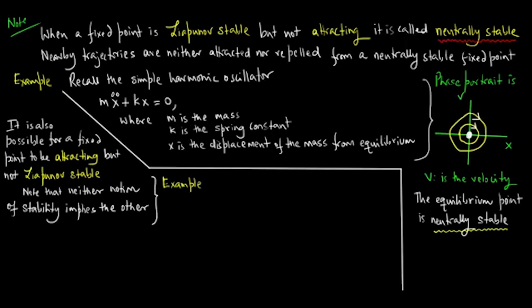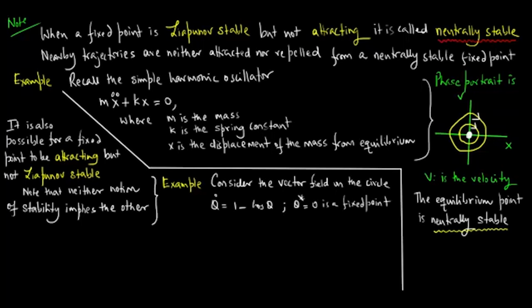Let's consider an example. Consider the vector field on the circle, theta dot is equal to 1 minus cos theta. So theta star is equal to 0 is a fixed point.